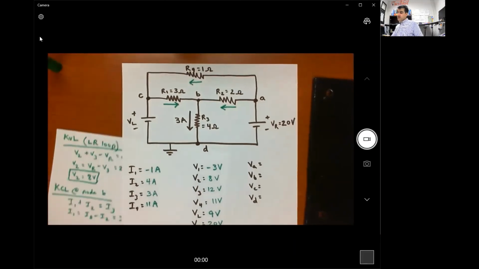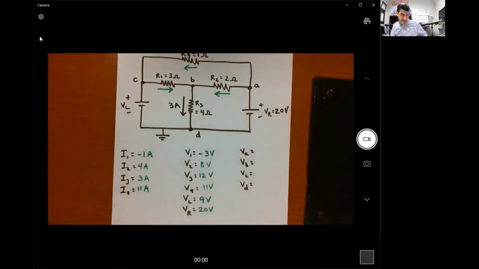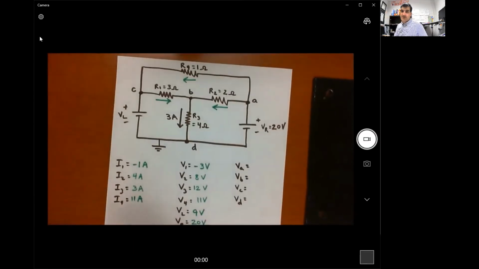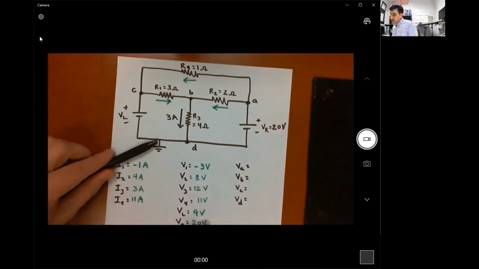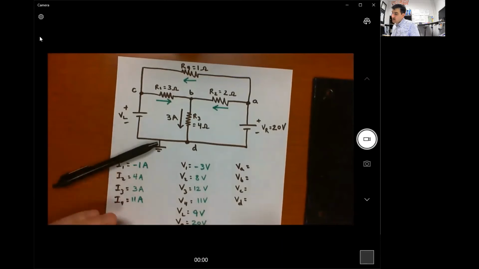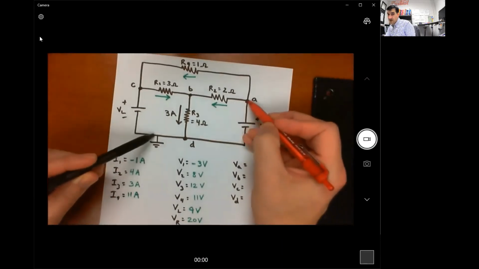The only things left are the nodes. So I need to solve for those. Remember, I'm always going to use my black reference probe on ground. And then for node A, it's over here. So it's like I have my multimeter probes here and here.